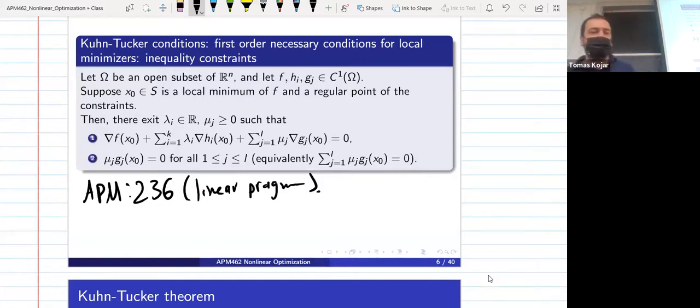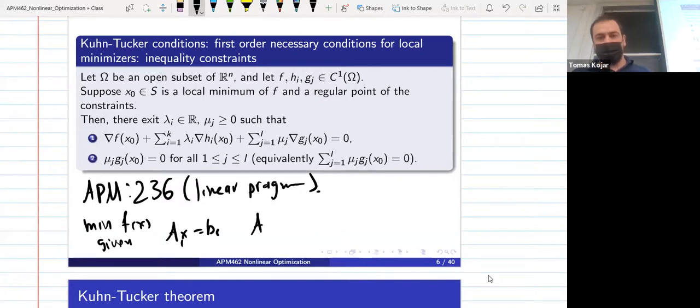So you had the following issue: you minimize some problem, and you were given AX equal to B1, but you also had A2X less or equal than B2, inequality constraints.